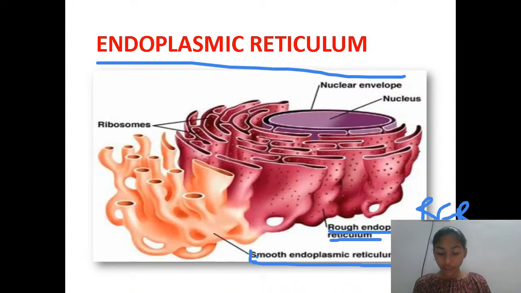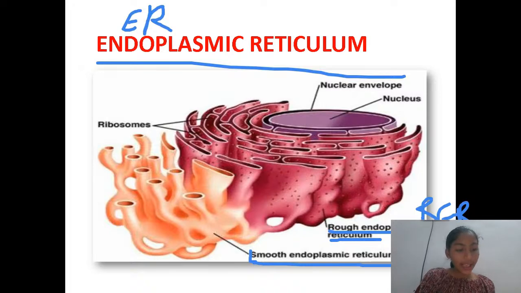And there is one function of ER. ER is the endoplasmic reticulum. It is also called ER, but please avoid using short forms in your examination. The one function of ER is to serve as channels for transport of materials, that is, to work as the network or the supplier of all the proteins and lipids to the other organelles in the cell.